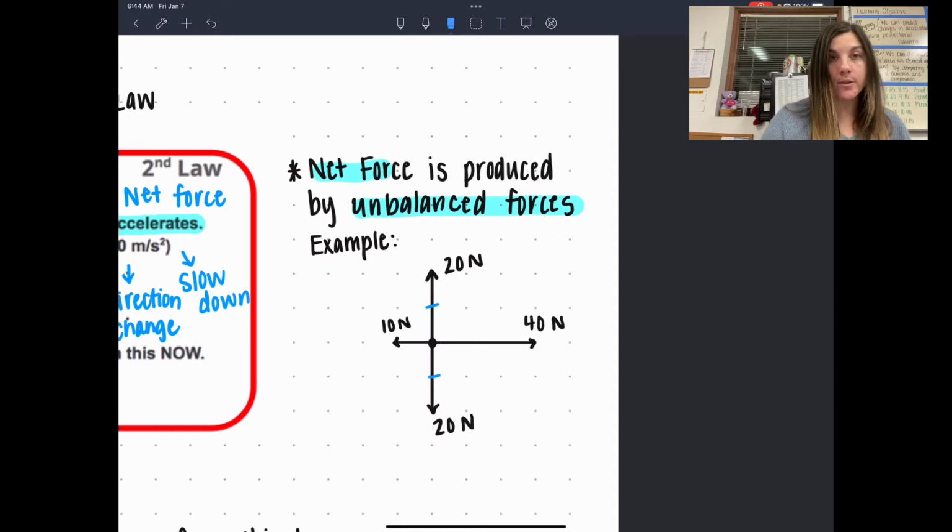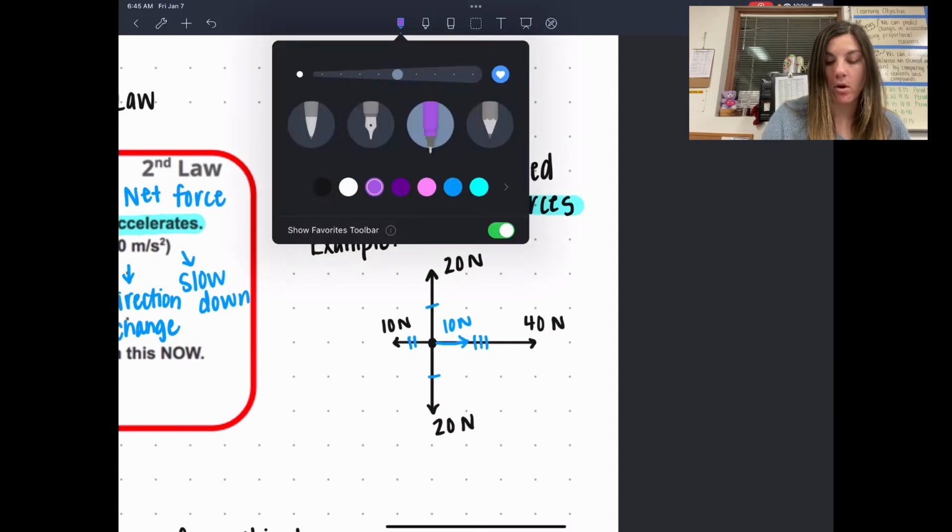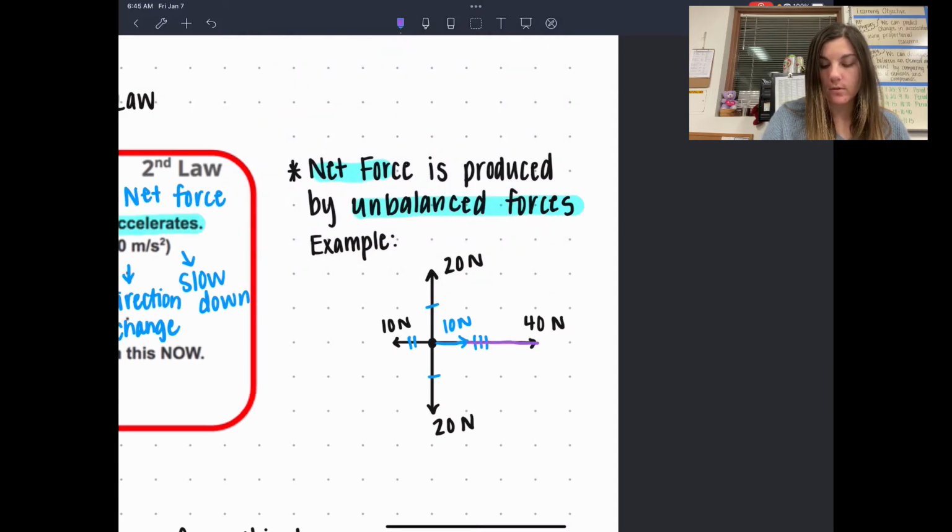However, my horizontal forces are not congruent. I've got a 10 newton force leftwards, and a 40 newton force rightwards. These are not going to balance out. 10 newtons will balance out 10 newtons pointing to the right, leaving a net force, or an unbalanced part, of 30 newtons.